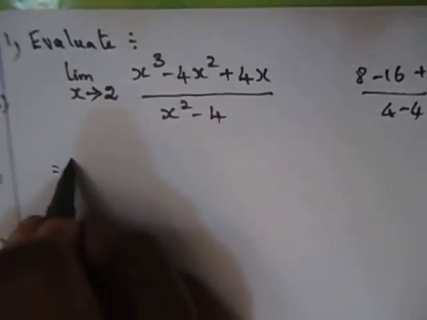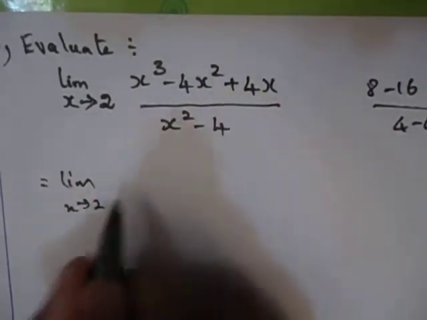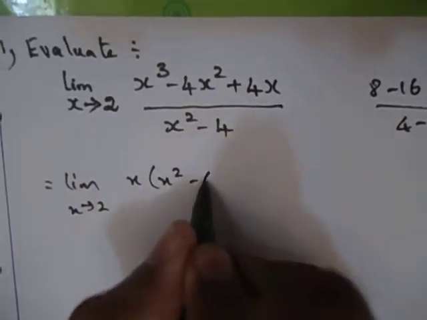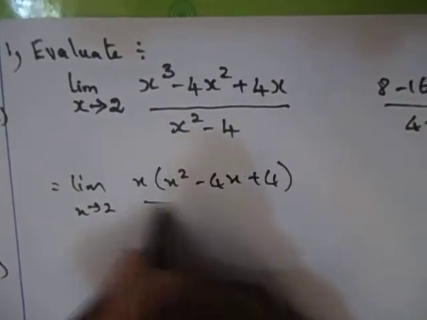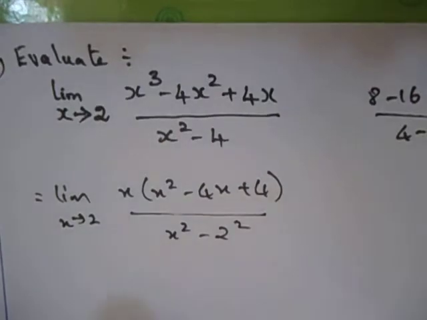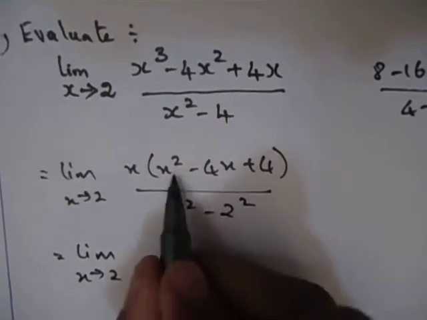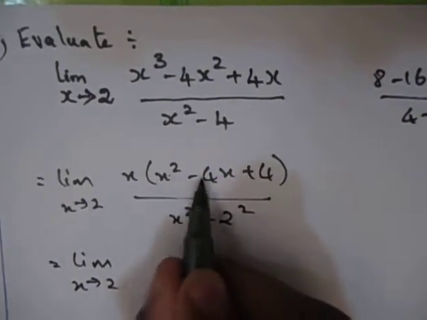This is how we do it. Limit x tends to 2. Let's take x common in this. We get x squared minus 4x plus 4 by, we know that this is in the form of x squared minus 2 squared. So limit x tends to 2. This is x squared minus 4x plus 4.